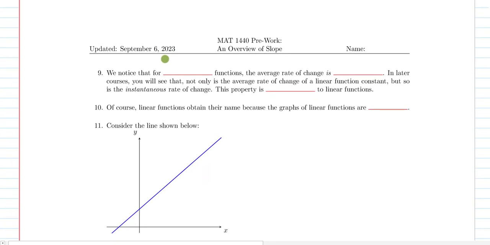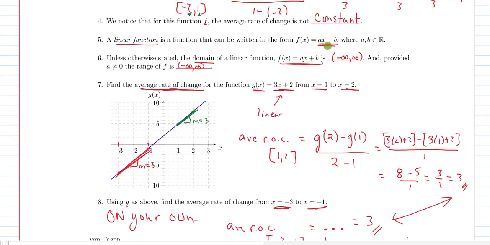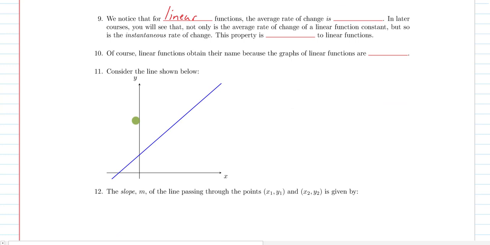And in fact, we notice that, now this is not always true, but for specifically linear functions, remember what the linear functions were? The linear functions were the ones that could be written in this form, ax plus b, that when you go to find the average rate of change for linear functions, it's constant. It doesn't vary. Okay?